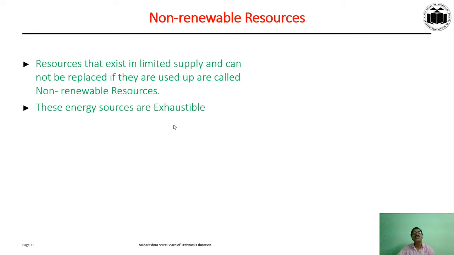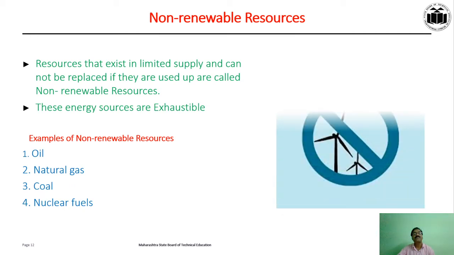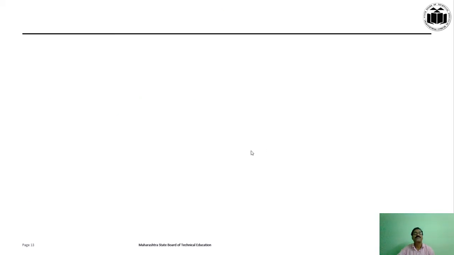That's why they should be used carefully. Examples of the non-renewable resources are oil, natural gas, coal, nuclear fuels. This figure shows the non-renewable resources.